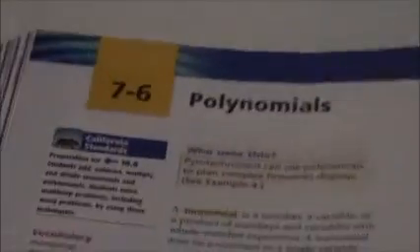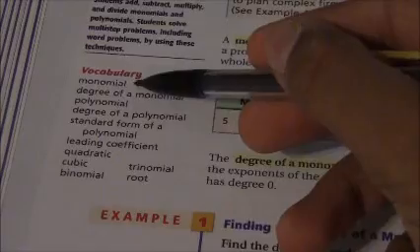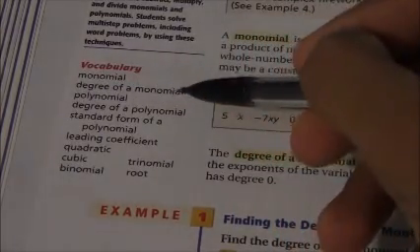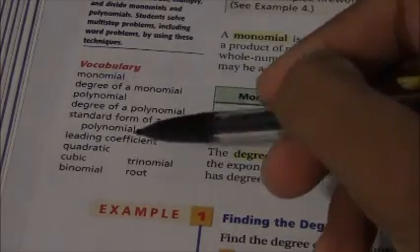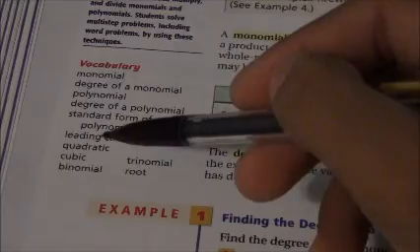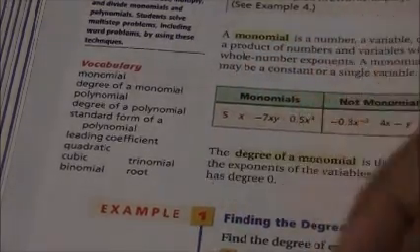So before we start off, let's take a look at the vocabulary. We got words like monomial, degree of a monomial, polynomial, degree of a polynomial, standard form of a polynomial, leading coefficient, quadratic, cubic, binomial, trinomial, and root.